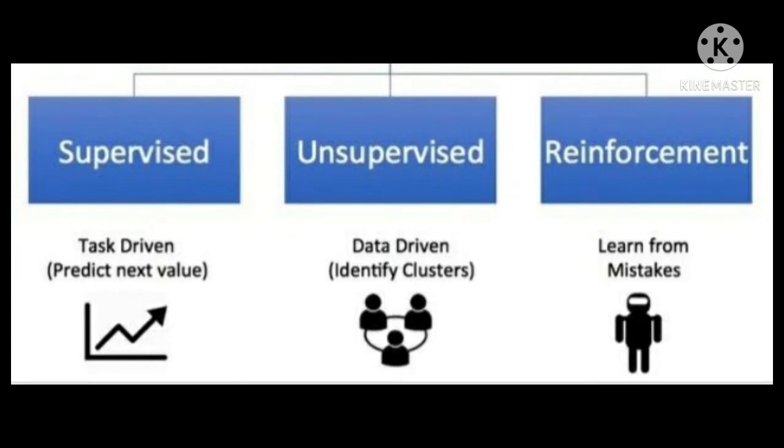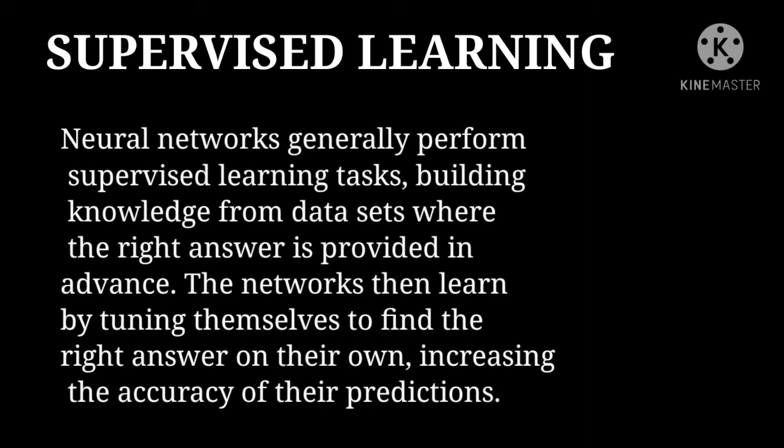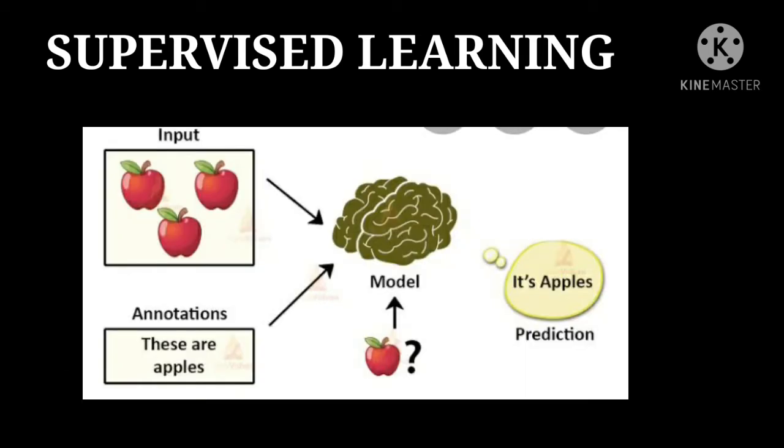There are three ways of learning, in which the first one is supervised learning. In this kind of learning, networks are trained to provide correct output by using several example inputs. These networks can be trained on the data that is provided to them.